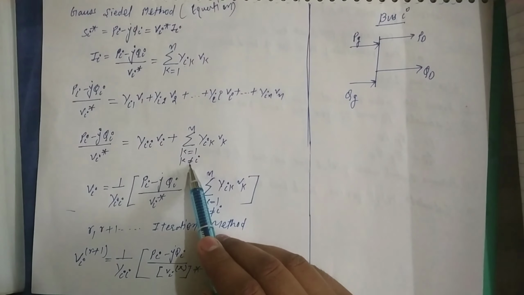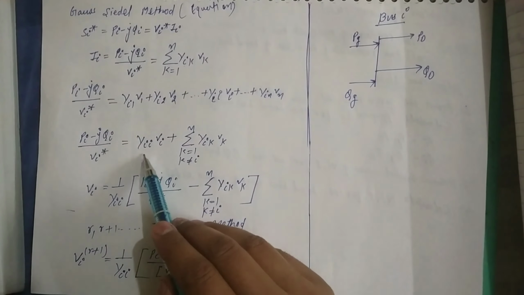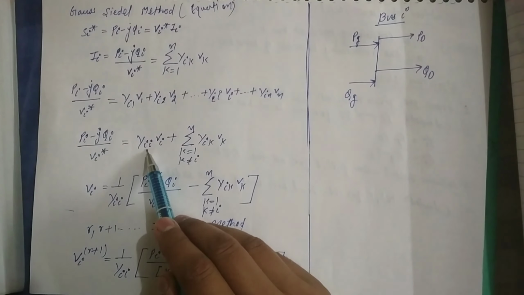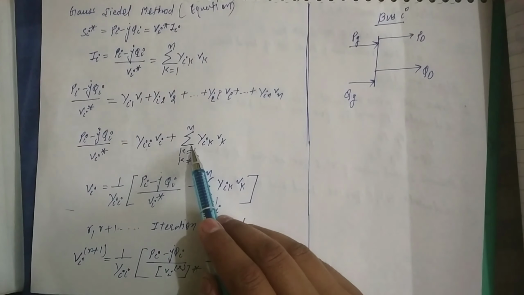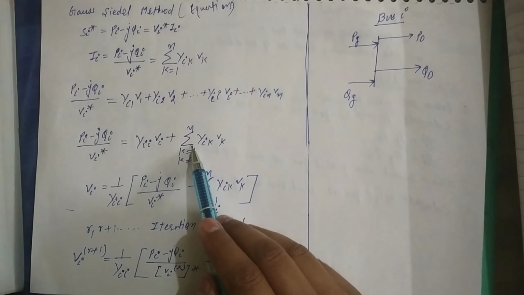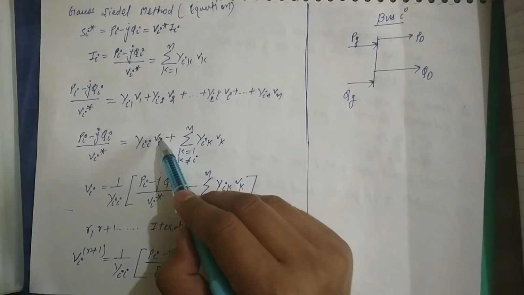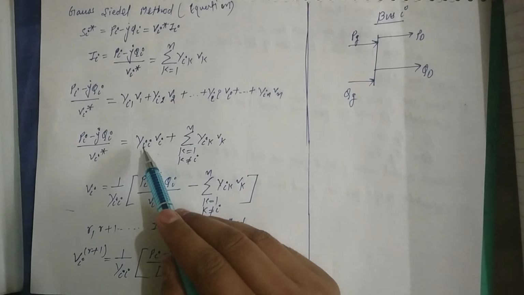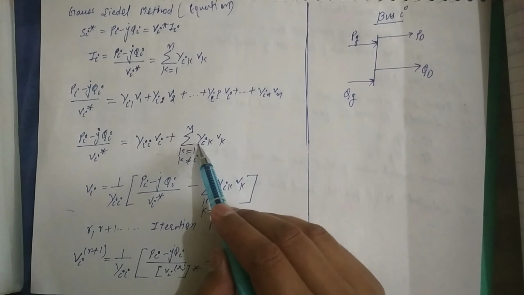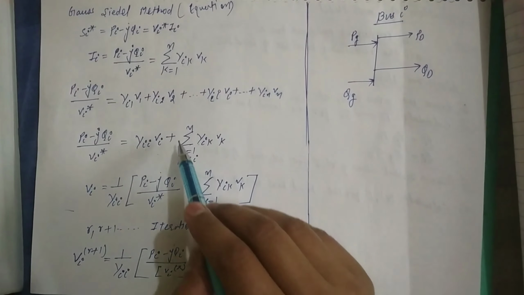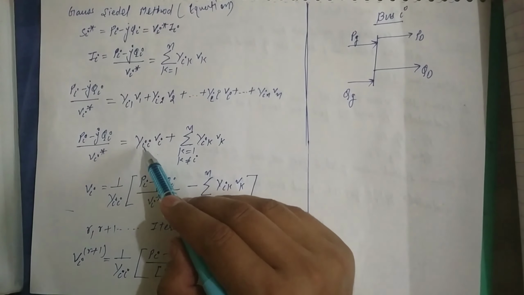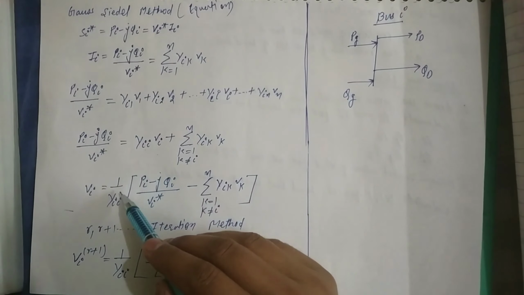So k is not equal to i, because I have already taken k equals i outside of the summation form. So it will be like this. From this I will find Vi, the voltage at bus i. So this Yii will go to that side, it will become minus, and Yii will come on the upper side.